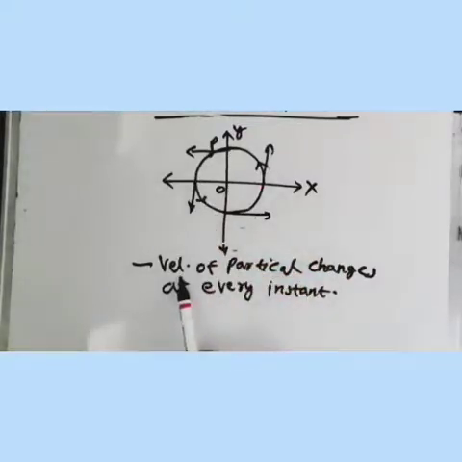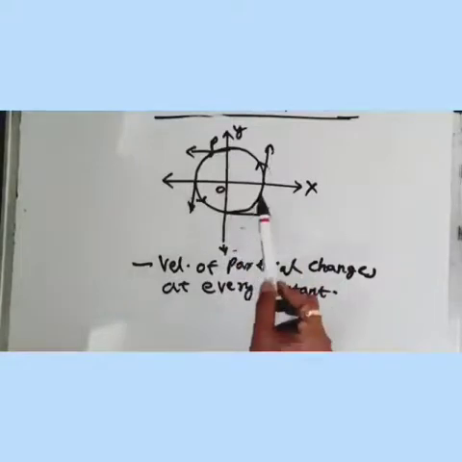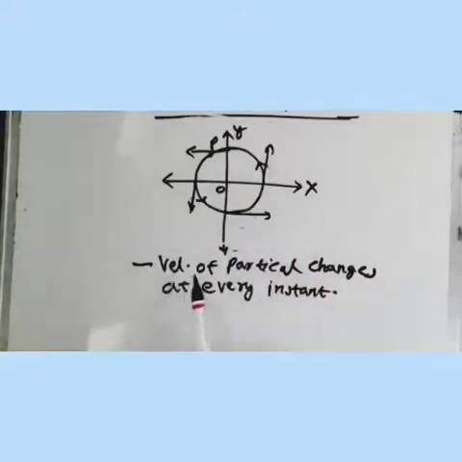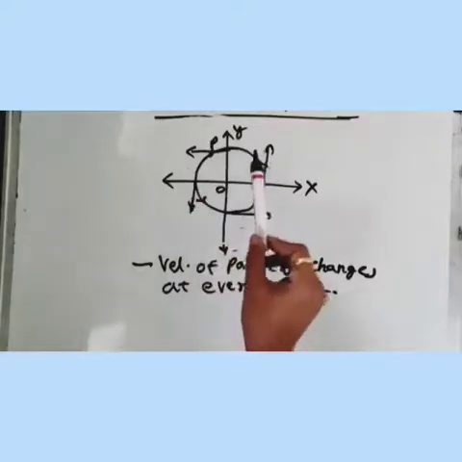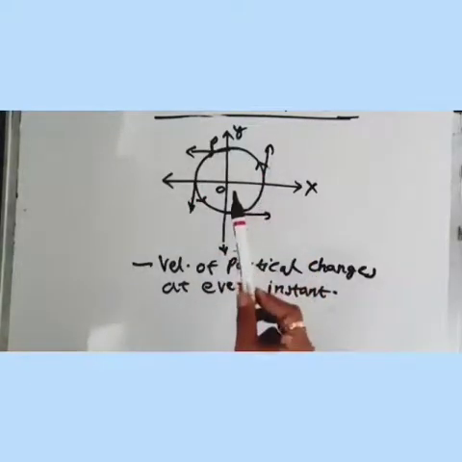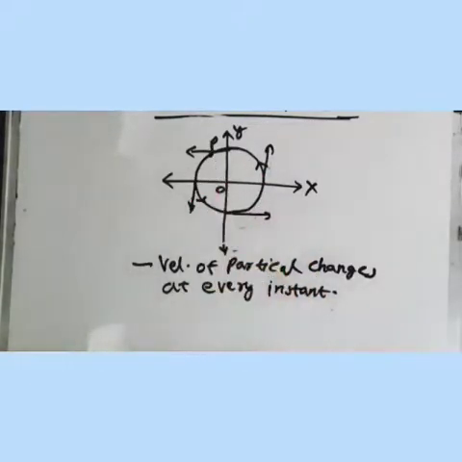I make use of the word velocity because when I'm using the word speed, then we are talking only about magnitude, but here I've used the word velocity. Velocity means it possesses both magnitude as well as direction. So here you can see the direction is continuously changing. That's why I can write velocity of particle changes at every instant. At any point on the circumference of circle, we can see that the velocity of the particle goes on changing.